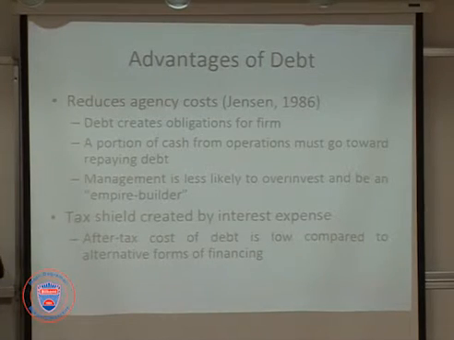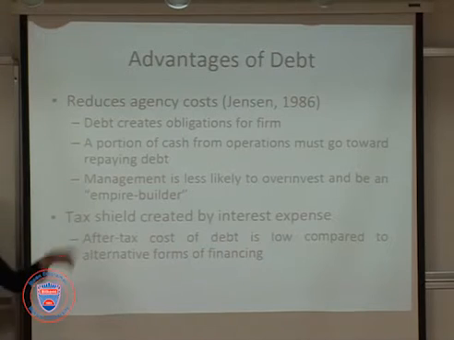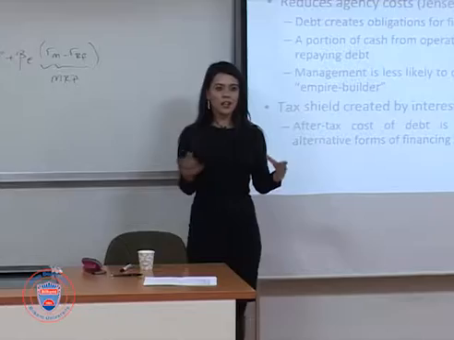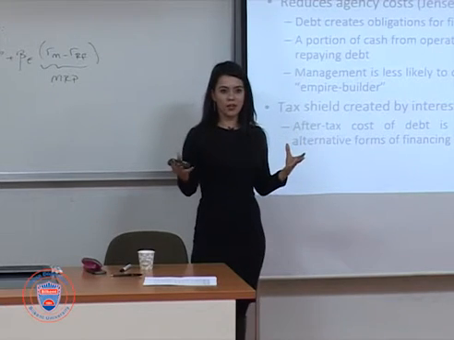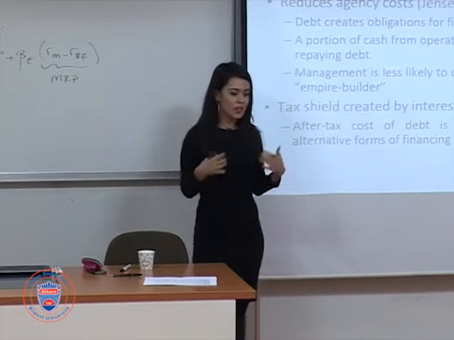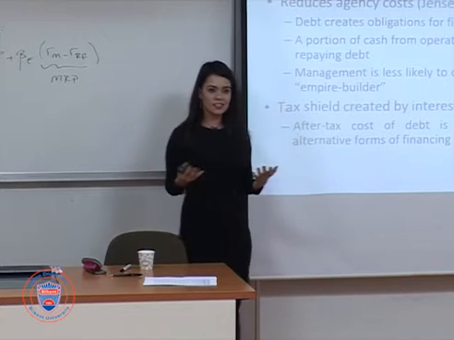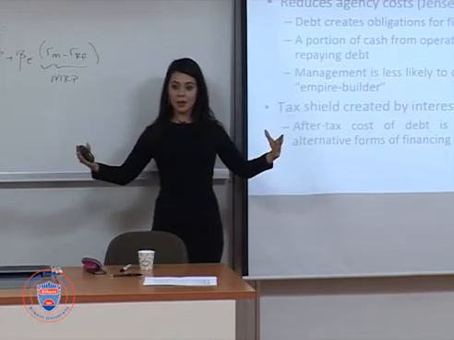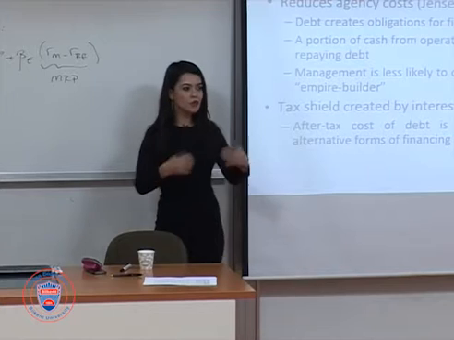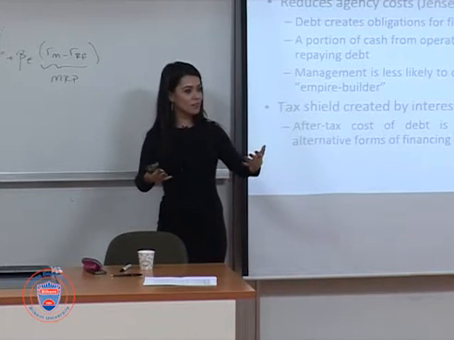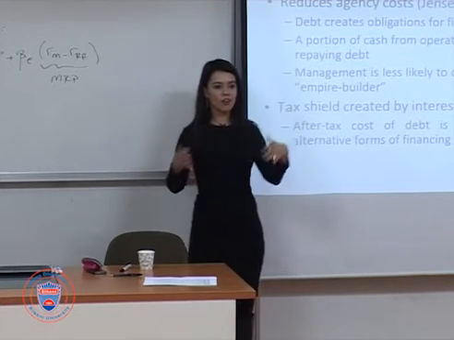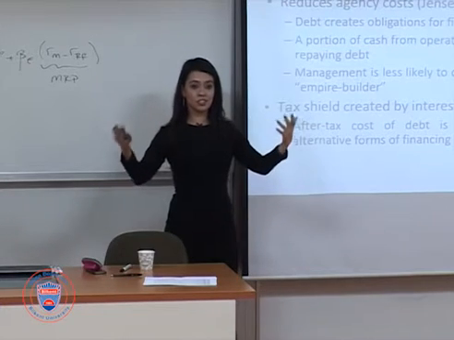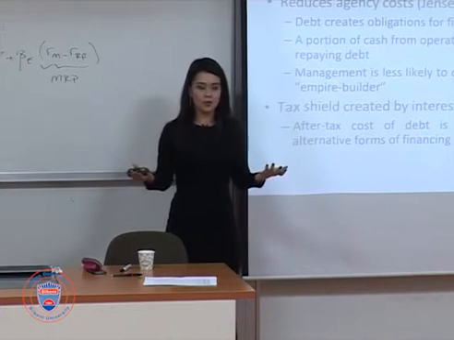So debt reduces some agency costs. If a manager has lots of free cash flow, he's not going to know what to do with that money. And managers have empire-building incentives. They want to manage bigger companies. So just for the sake of making the company bigger, the CEO might do lots of crazy mergers, bad mergers as well.